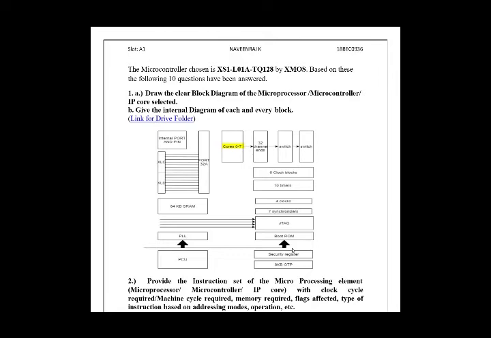There are a lot of power supply pins and they require sufficient power for powering the microcontroller. And yeah, I guess that's all about the whole block diagram we've seen. And now let's go to the second question.